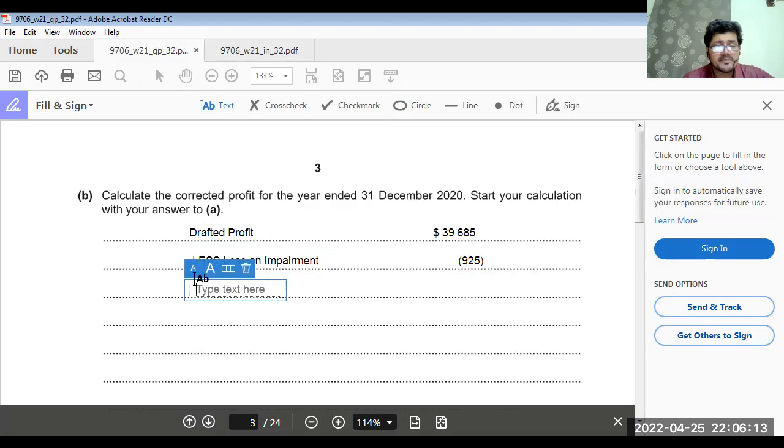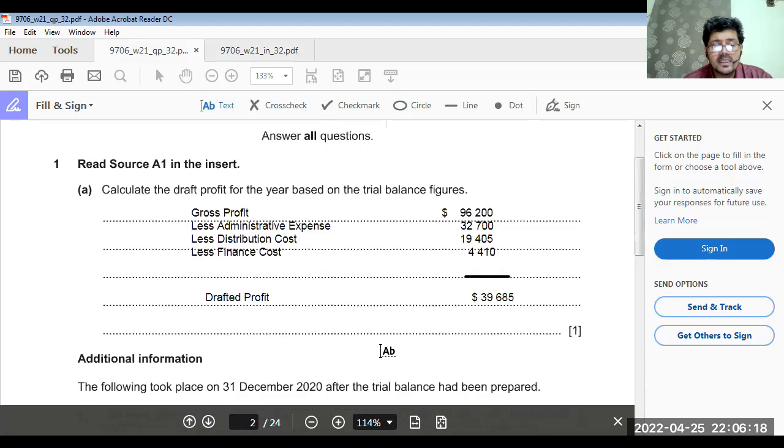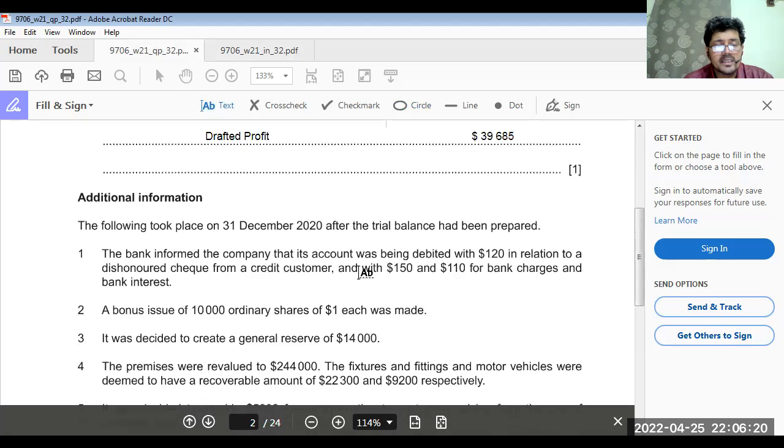The second thing, again, we are going here. The bank informed that the account was being debited with 120 in relation to a dishonored cheque from a credit customer, and with 150 and 110 for bank charges and bank interest.